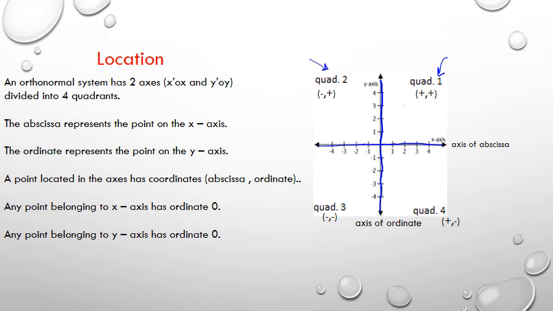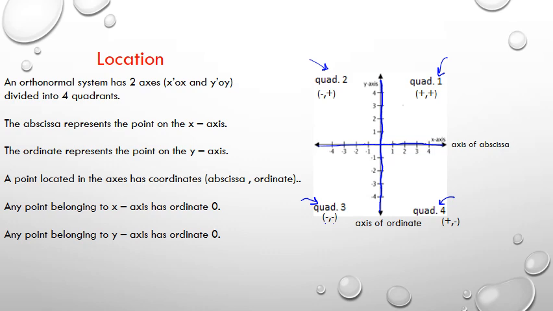Any point in the second quadrant, which is quadrant 2, will have a negative abscissa and a positive ordinate. If any point belongs to quadrant 3, or the third quadrant, it will have a negative abscissa and a negative ordinate. In the fourth quadrant, which is quadrant 4, any point in this quadrant will have a positive abscissa and a negative ordinate.